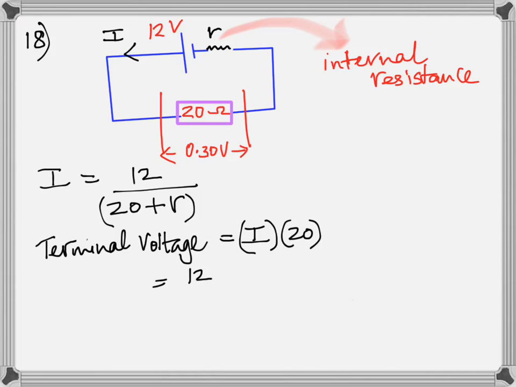And I know I mentioned this once. You see, although the question says it's the terminal voltage, I'm trying to show the voltage across the external resistance. Do you see that in the picture? Although the number is wrongly shown as 0.3, do you see? I'm trying to show it here.